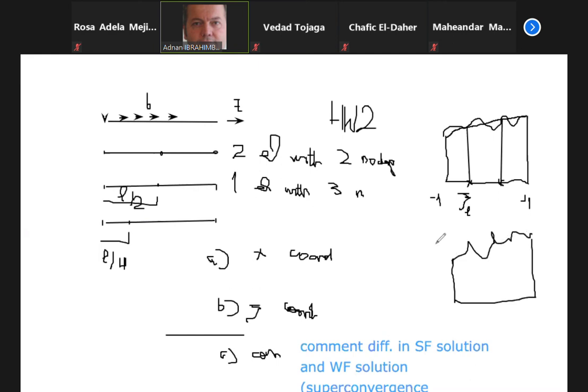And what I do is I simply take it there, and I replace it by the straight line. And so this thing here is at xi. This is xi equal to 0.